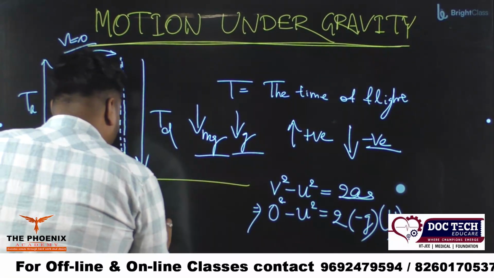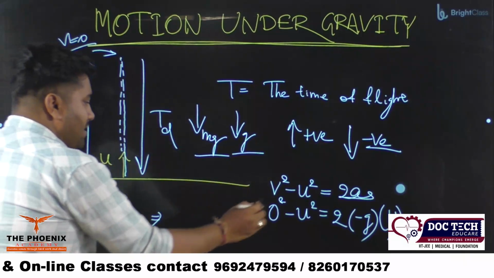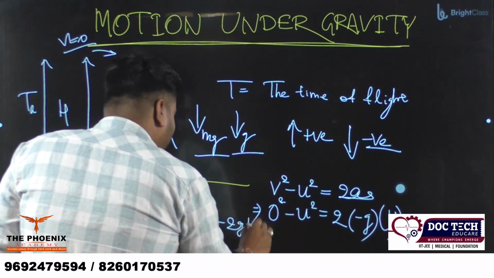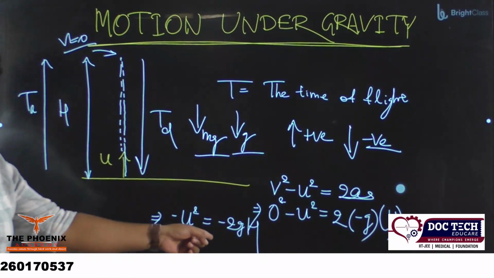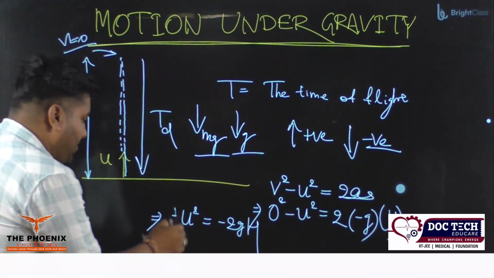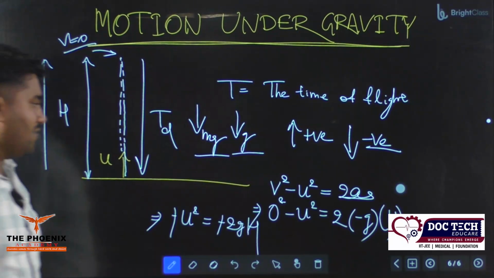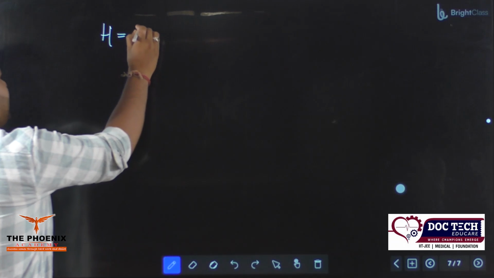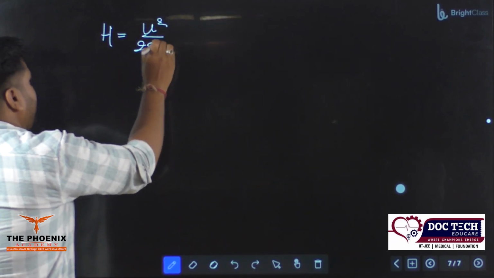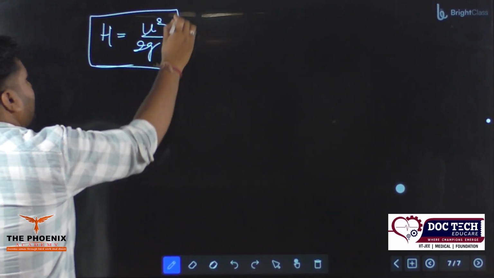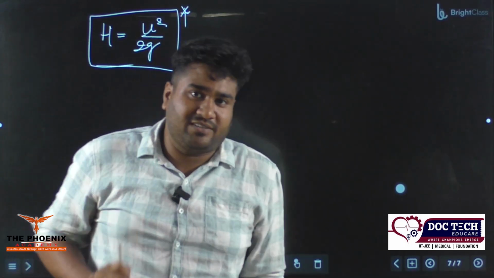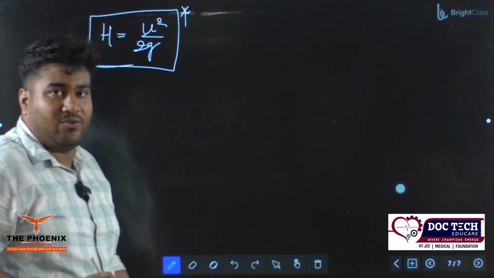Okay. Now minus u square equals minus 2gH, isn't it? Okay. We can cancel minus from both sides. Now come to the next slide. H will be u square by 2g. This is the expression for the maximum height attained by the object. Right? Okay. Note it down.